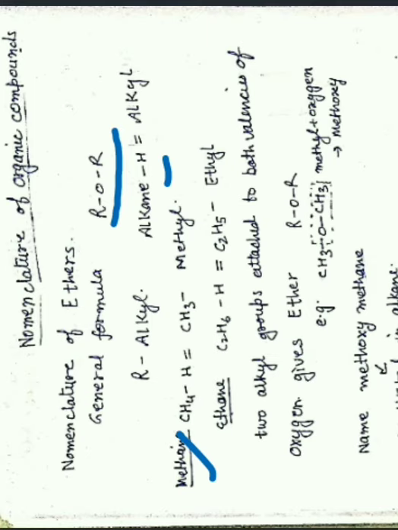So this is how we write methyl. Methyl means any other element or group of atoms may join here. So what happens is, in ether there are two alkyl groups attached to both valencies of oxygen.